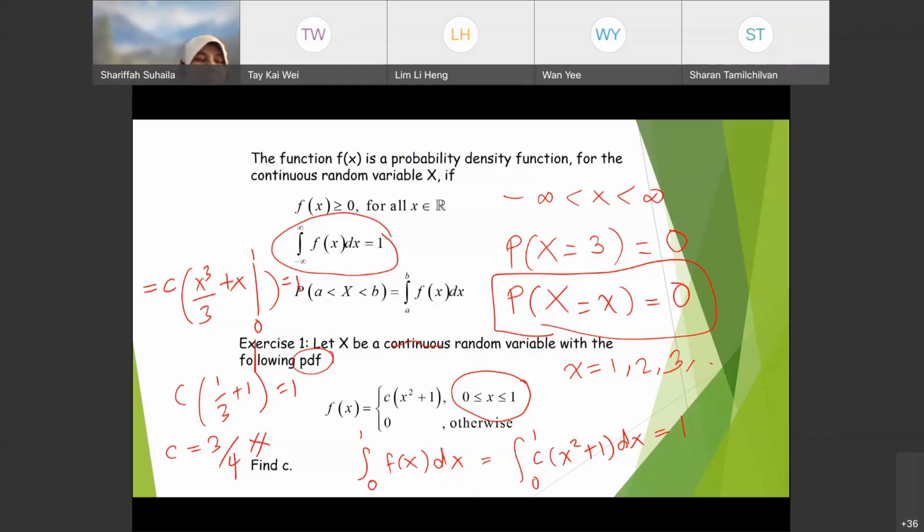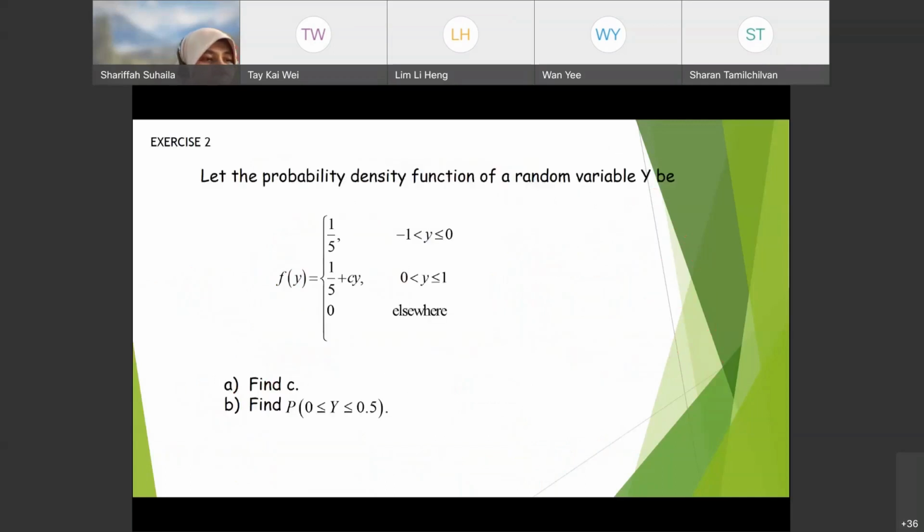Okay, let's say we have this one. Again, you have a probability density function of a random variable y. You have the value 1 over 5 from minus 1 up to 0, and from 0 up to 1 you have 1 over 5 plus cy. You want to find c. So it's the same thing.